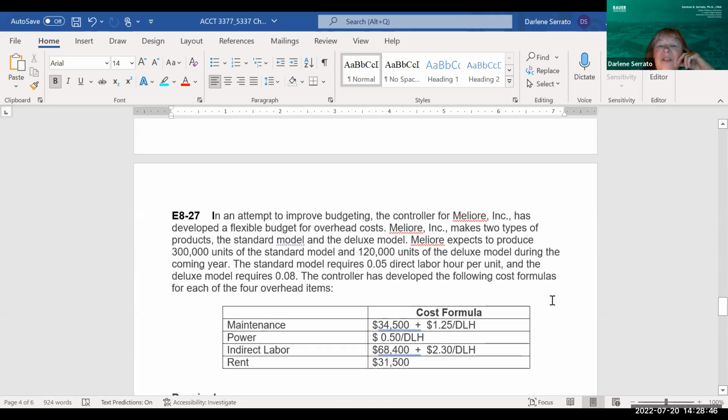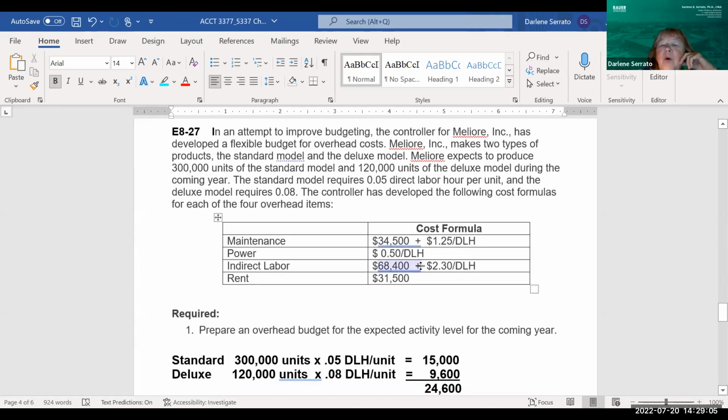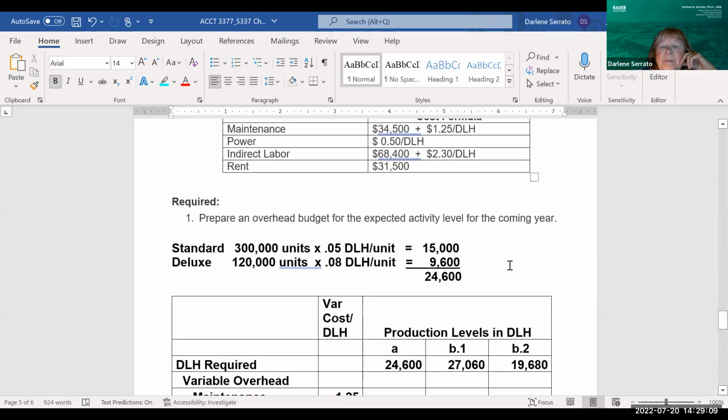Now, they have given us the budget production as number of units, not direct labor hours. So we have to take the number of units produced times the usage per unit to get the number of direct labor hours, because our cost formula is based on direct labor hours.